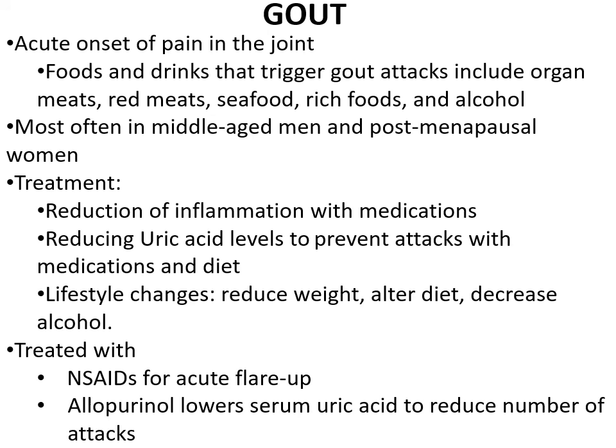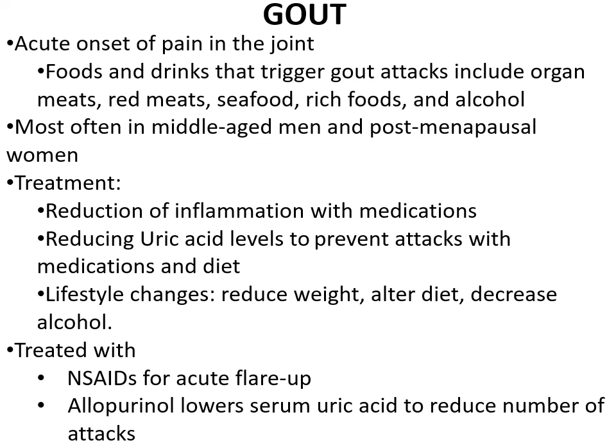Now, if someone's getting repeated attacks of gout, say 5, 6, 7 times a year, we can start them on a medication that will reduce the level of uric acid in the bloodstream, but they have to take the medication every day. Okay, and we'll talk about that medication in a minute. Lifestyle changes. So weight loss can help. Changing your diet by avoiding the foods that we just mentioned, and also decreasing alcohol.